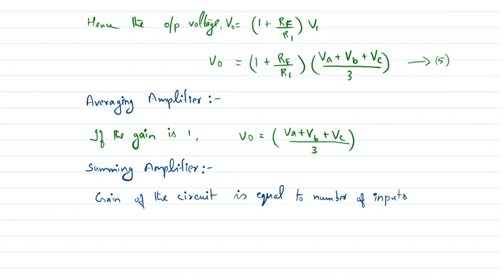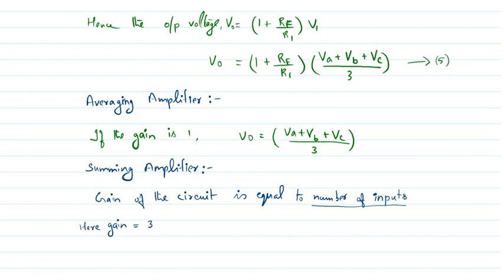This is important: number of inputs. So here the gain will be set as gain equal to 3.